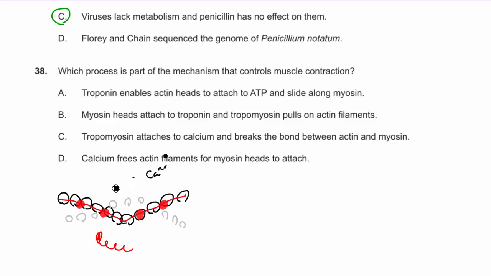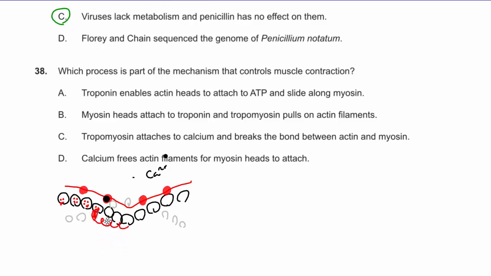So this black one is calcium, and it attaches to troponin, and this makes the troponin and calcium move away. So it kind of displaces them in a way. But what happens then is that the whole thing moves away. So this one moves, this one moves, it's dragged away so that the binding sites for the myosin heads are uncovered.